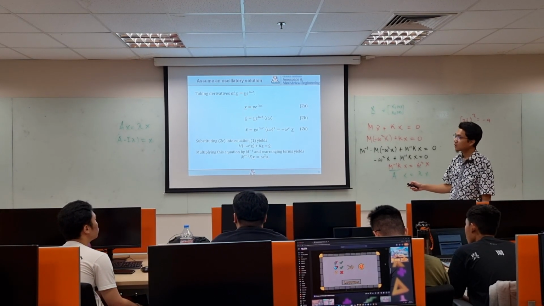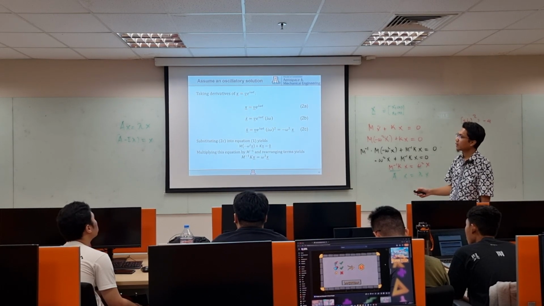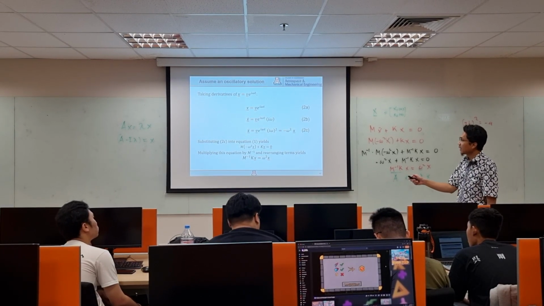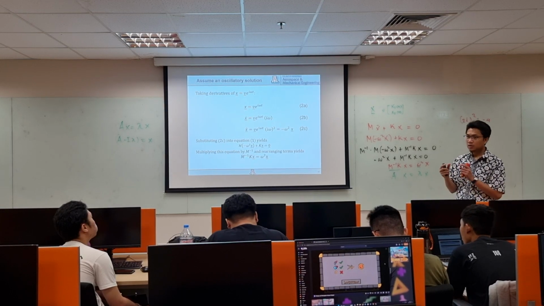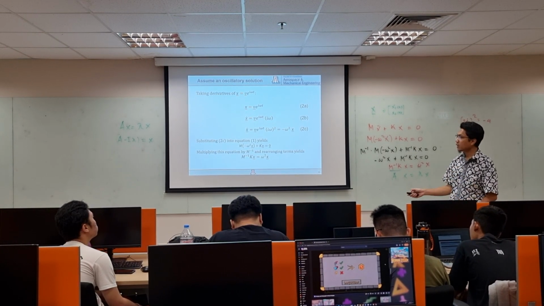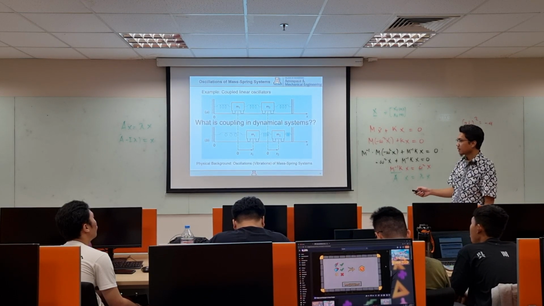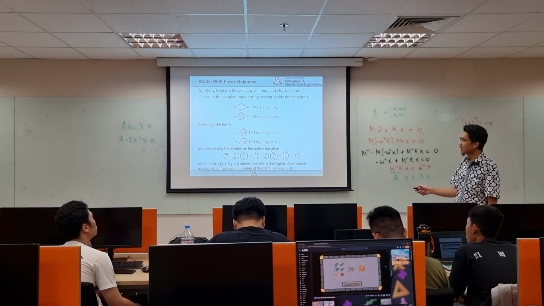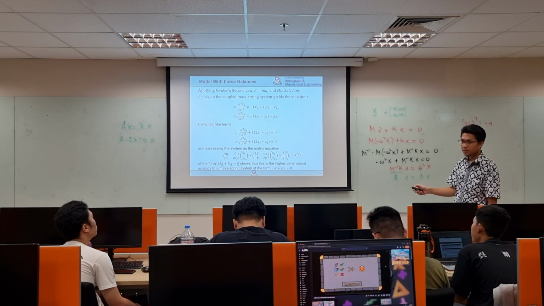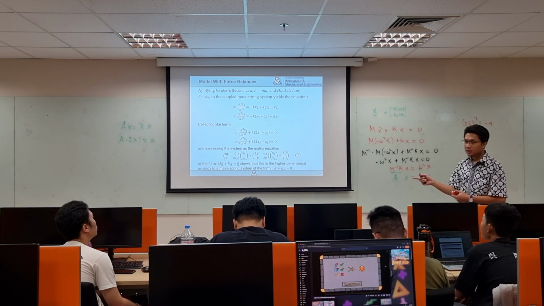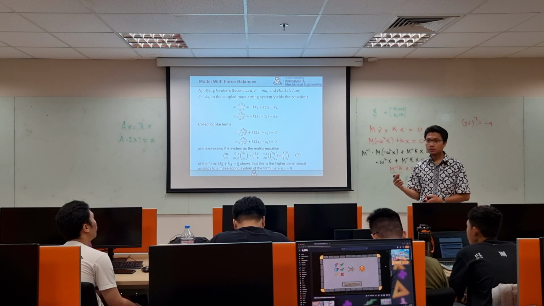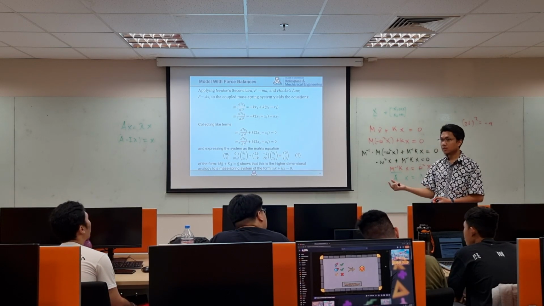The x in here is the displacement of the two masses. We are still talking about solving this. The first thing, we derive the differential equation. We want to solve the differential equation, and then the solution will be the displacement of mass 1 and mass 2.